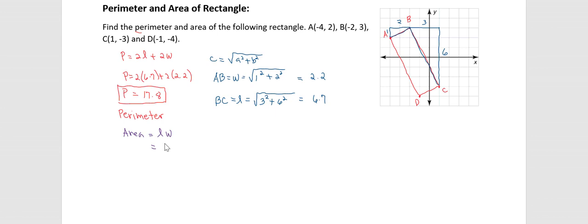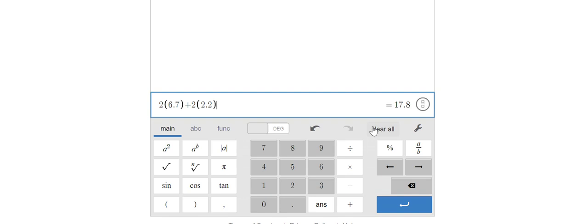So by substitution, the area is 6.7 times 2.2, and that is approximately 14.7 to the nearest tenth.